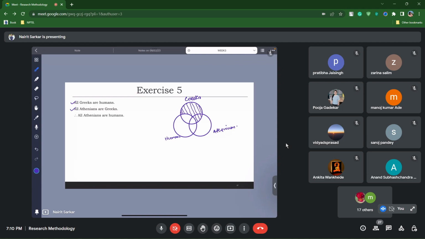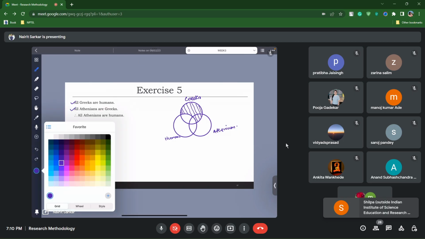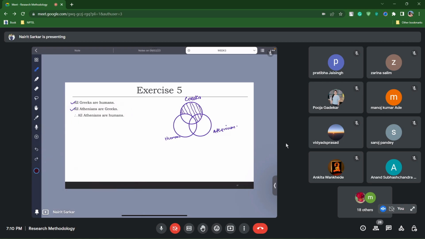So the leftover section is Athenians, 1, 2, and 3. Where should I shade? 1, 2, or 3? One, sir. So I should shade it with a different color maybe. It will be easier to understand.